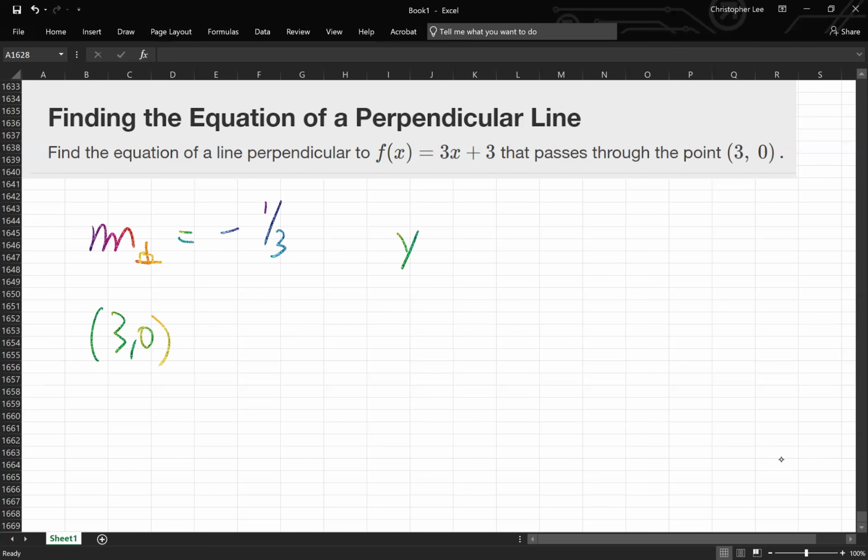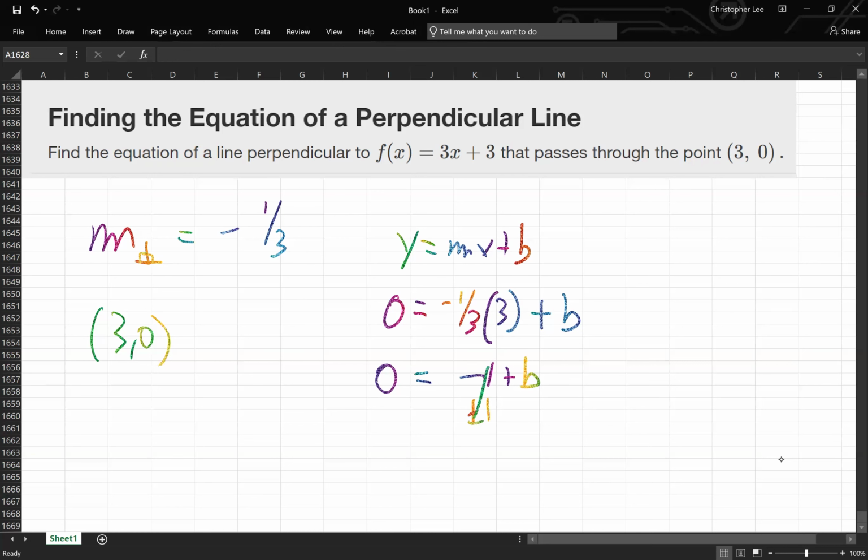And you already know y equals mx plus b, right? Just plug it in. So the y was 0, the m is -1/3, the x is 3 plus b. This becomes what? 0 is equal to -1 plus b. Then we want to add 1 to both sides.